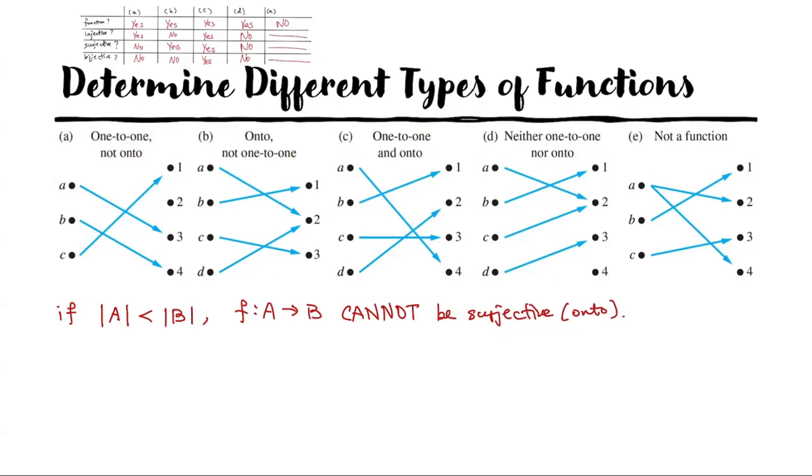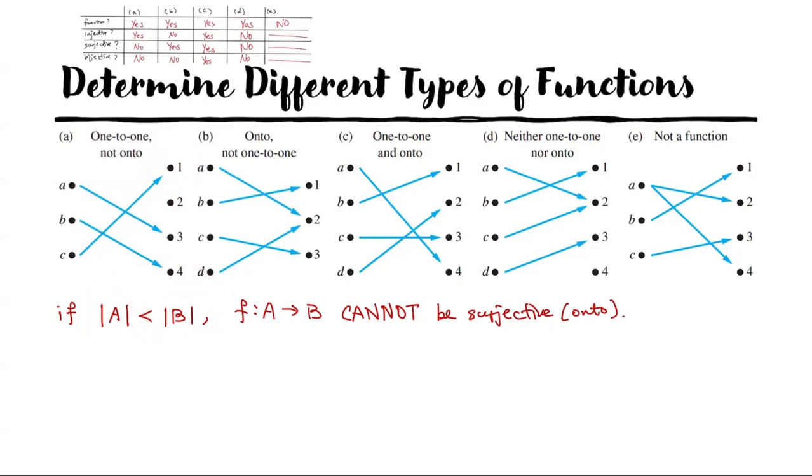But we cannot say f must be 1-to-1, because for any function, you can just make all the elements map to the same output. It's still a function, but it's not 1-to-1.